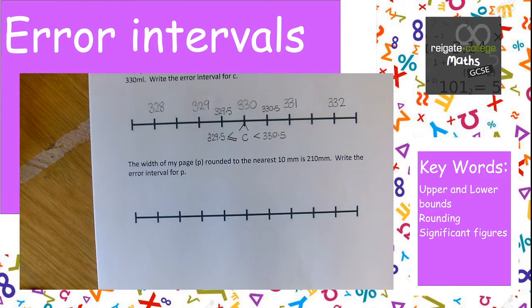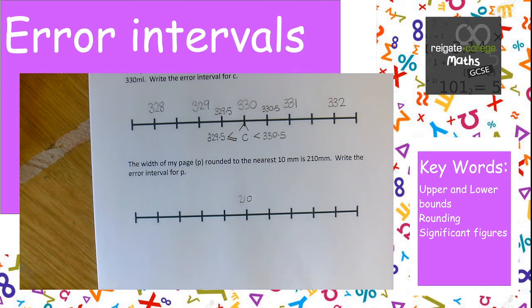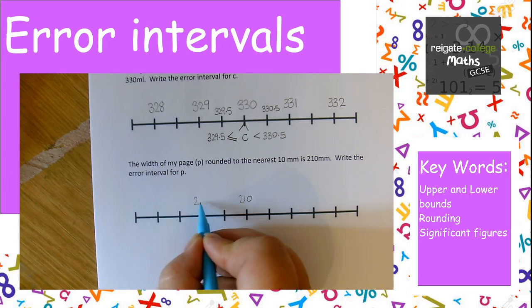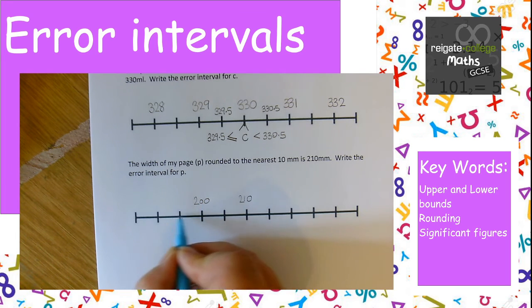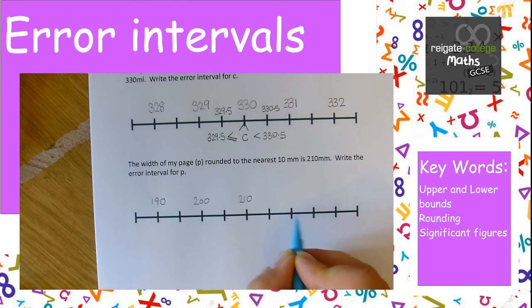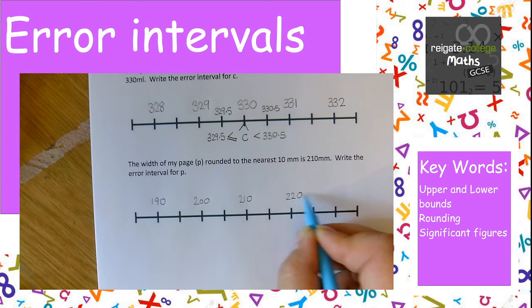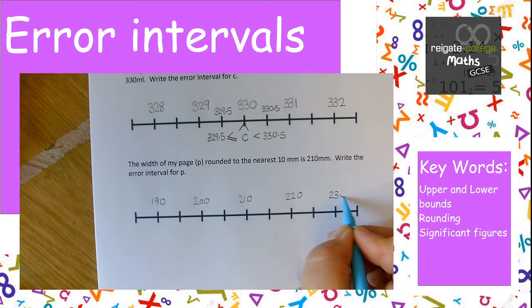My last example is counting in tens. The width of my page rounded to the nearest 10 millimetres is 210 millimetres. So 210 millimetres is in the middle. Counting in tens, this would be 200 millimetres and this 190. Going up above, this would be 220 and 230.